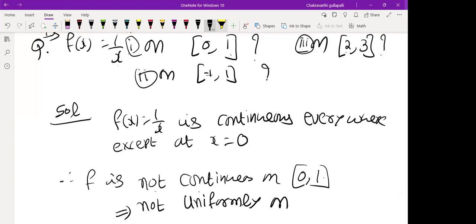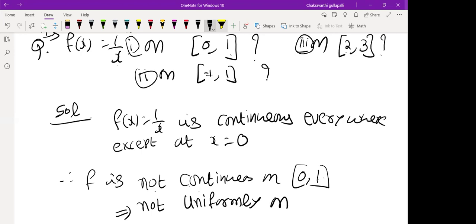So, not continuous on this means it is not continuous at at least one of the points. If it fails at any one of the points, we say it is not continuous on the closed interval. It does not mean it is not continuous on the open interval. It is having failure at one of the points in the closed interval, so we say it is not continuous on that interval.